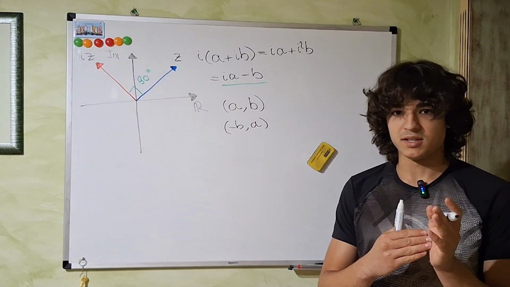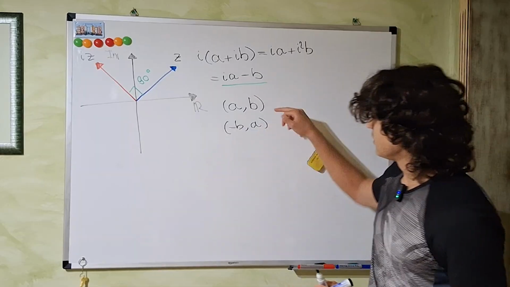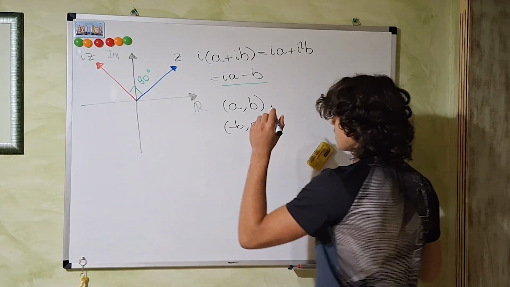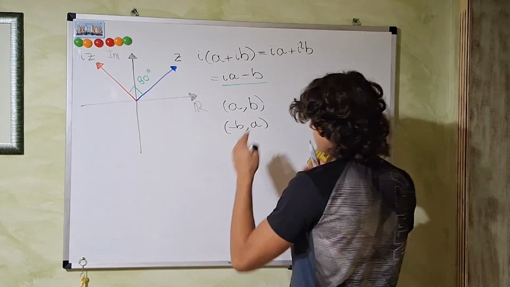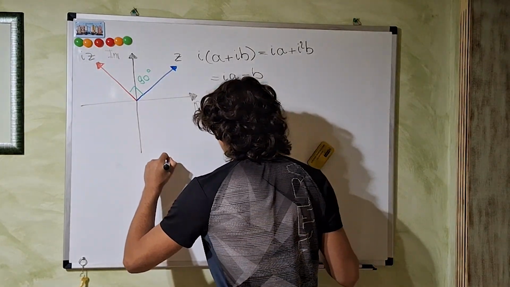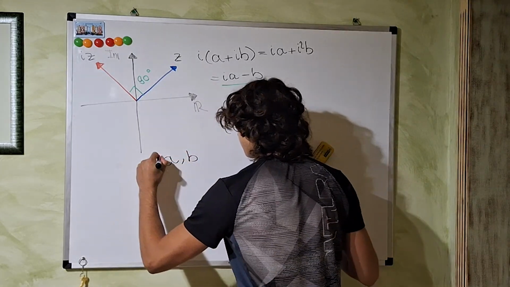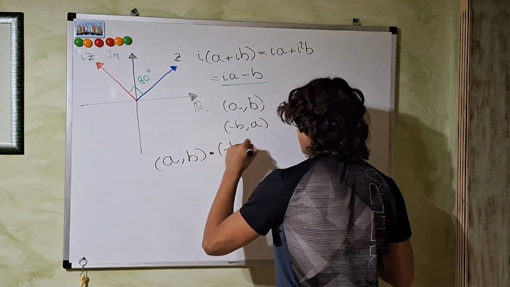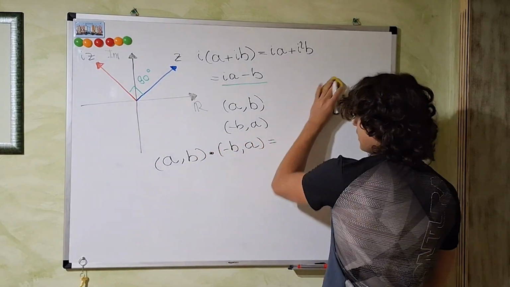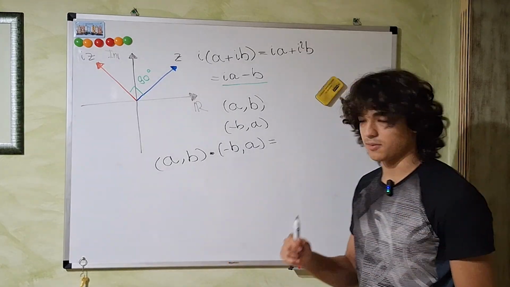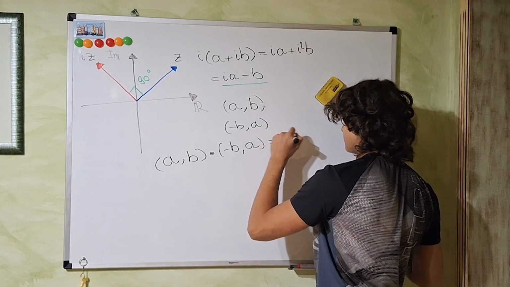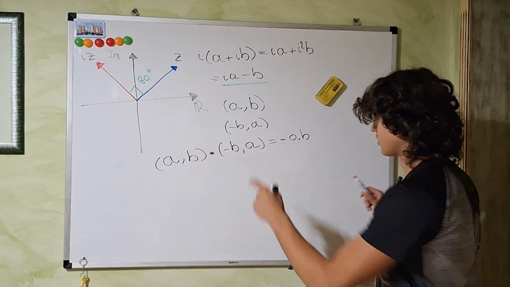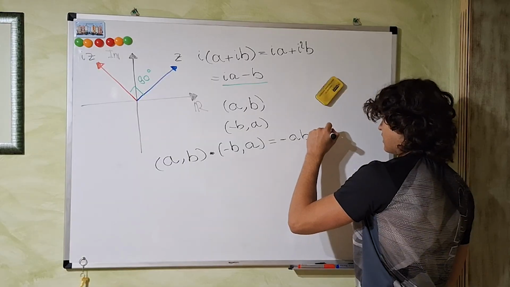Now, two vectors are perpendicular, meaning they form a 90-degree angle, if the dot product of the two is equal to 0. So let's see if the dot product of these two vectors is 0. (a, b) dot (minus b, a) equals, we first multiply the first component of the two, so this is minus ab, we put the minus sign in front, and then we add the product of the second component, so this is plus ab.